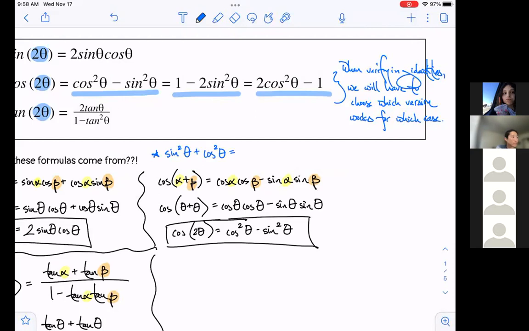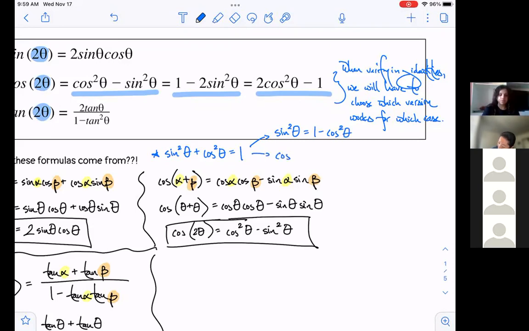Just 1. Yeah, just 1. Okay, so we have this equals 1, but we can, as you were already thinking about, write it in some different ways, right? So in particular, I could say sine squared theta equals what? Like, what's a way that I could write sine squared theta? 1 minus cosine squared theta, great.